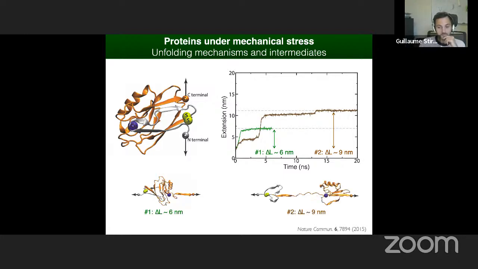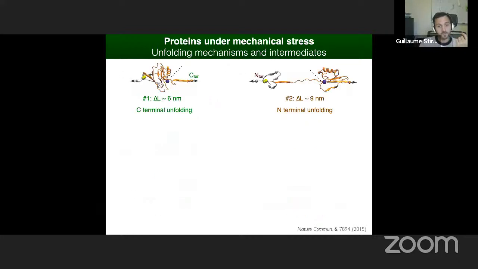And for this protein, there is something very interesting: the metal ion blocks the unfolding on the way. And so you can isolate some intermediates of the unfolding process. And here you see the two intermediates that we get. And these two intermediates, and this is what I show on the next slide, correspond to unfolding either first from the C-terminal side or from the N-terminal side of the protein.